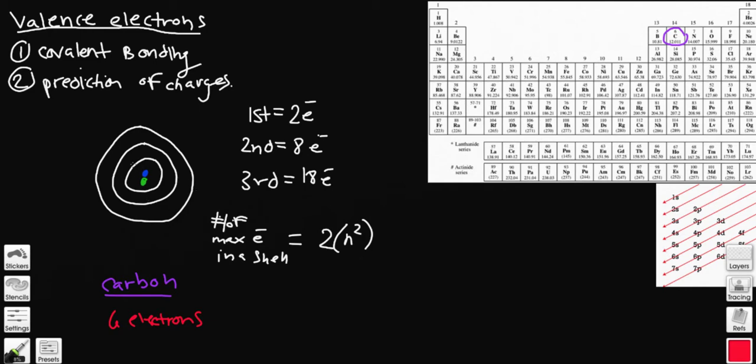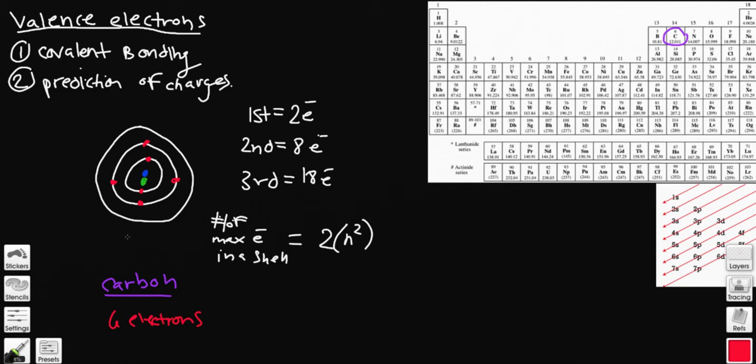This first shell can hold 2 electrons, so we're going to draw 2 of carbon's electrons in that shell. Now, the next shell can hold up to 8 electrons, but we only have 4 left, so I'm just going to draw 4 electrons right there, okay? And that is the atomic model for carbon.